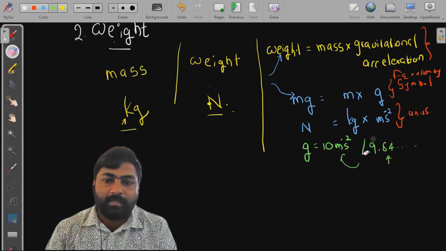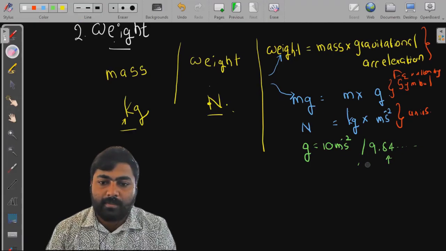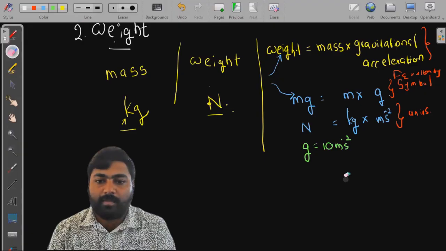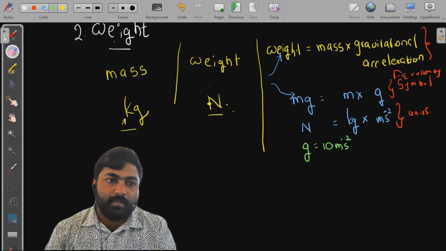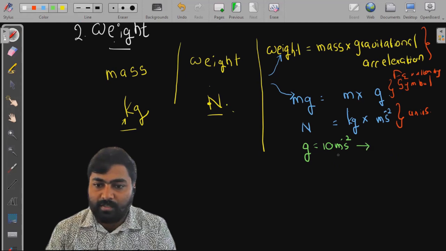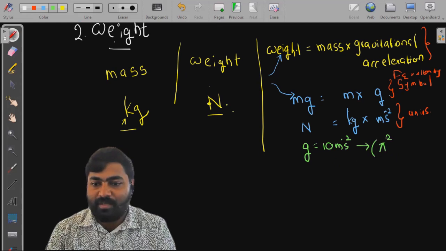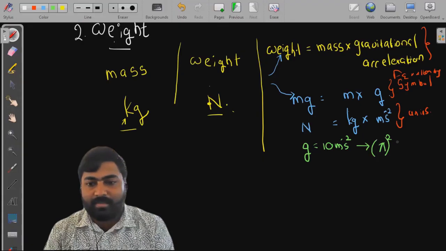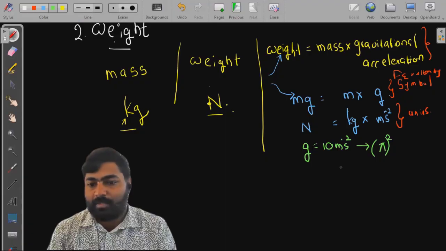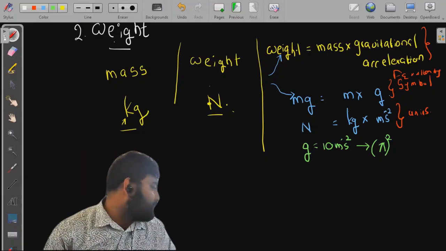As I can remember, in the Edexcel syllabus and the Cambridge syllabus, they take it as 9.84. And I will give you a tip. This is equal to π squared. If you have a calculator, just find the value of π squared. It should be equal to 9.8 something.